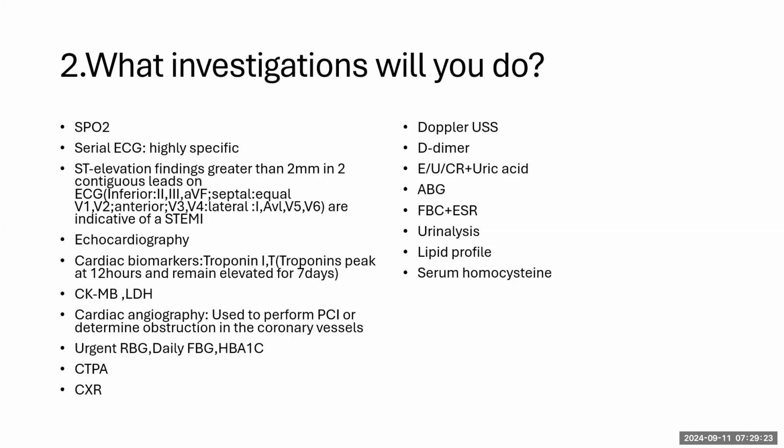Okay. And then for PCI, if the patient presents outside the 12 hours but they are still having ongoing chest pain, you can still do PCI up to 48 hours. You still have some benefit, although the benefit is not as good as if you do it within 12 hours.